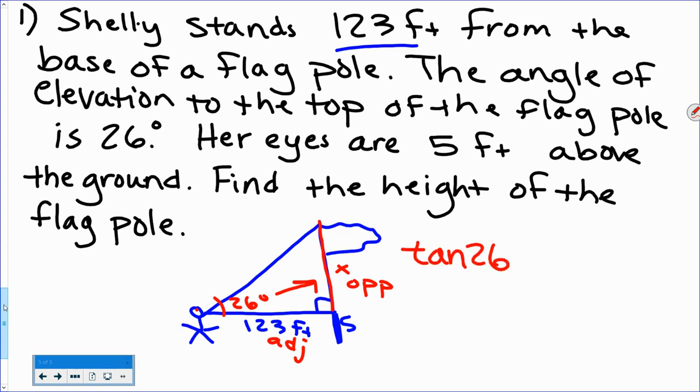So that means tangent of 26 degrees would be the side I'm looking for, x, over the side that I know, 123. And then we want x. So this would be the case where I'm just going to end up multiplying 123 times tangent of 26 degrees to come up with my answer.